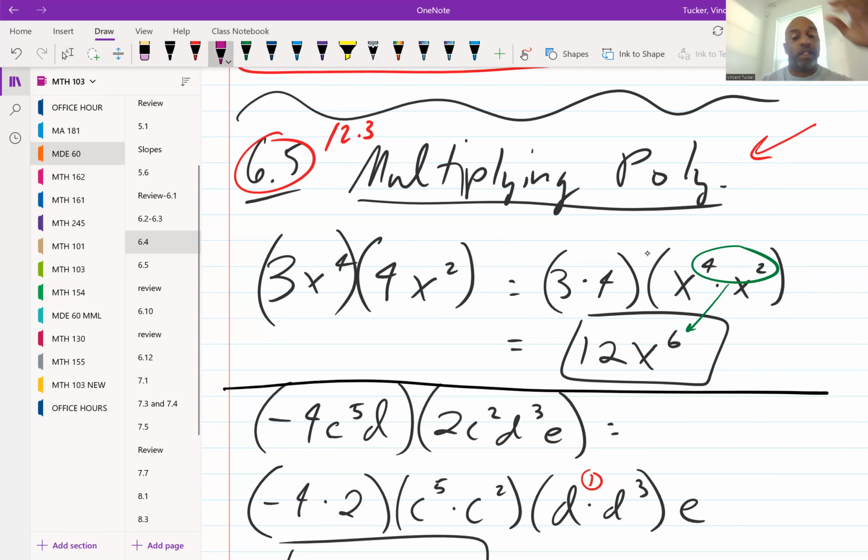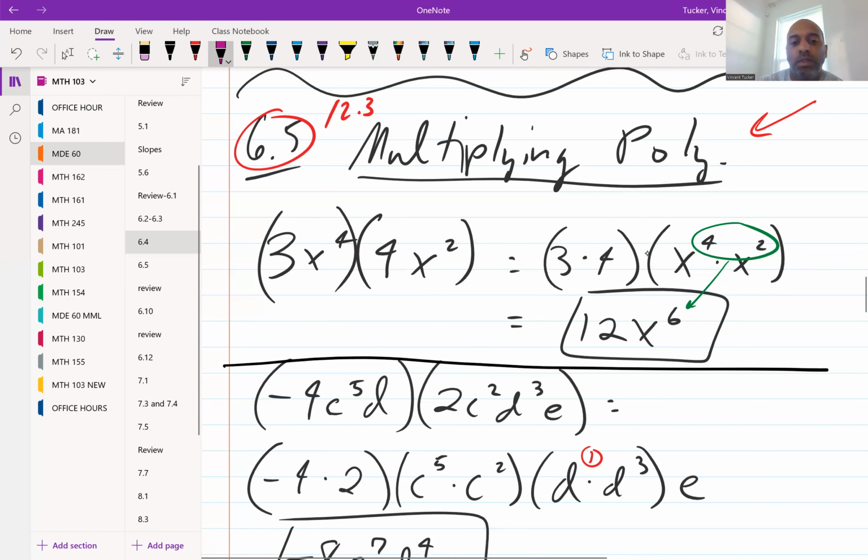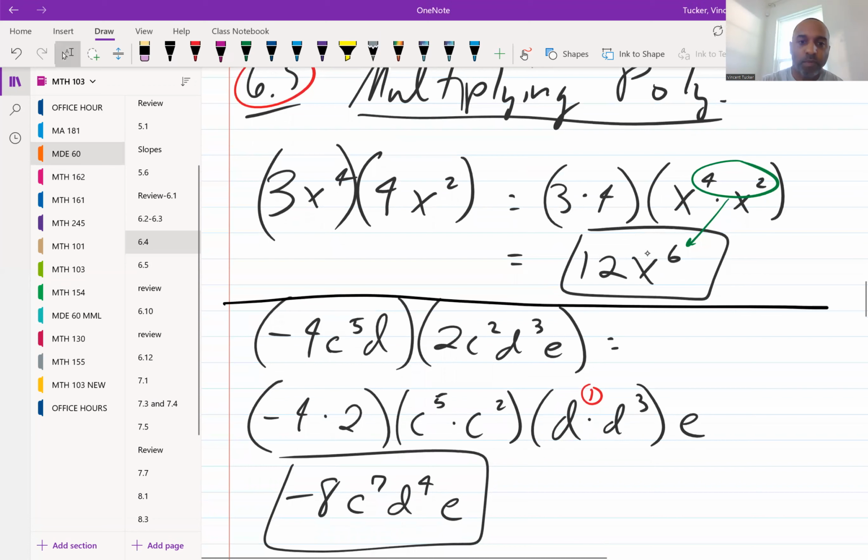Then x to the 4 times x squared, you add your exponents. That'll be x to the 6. Any questions? Next one.